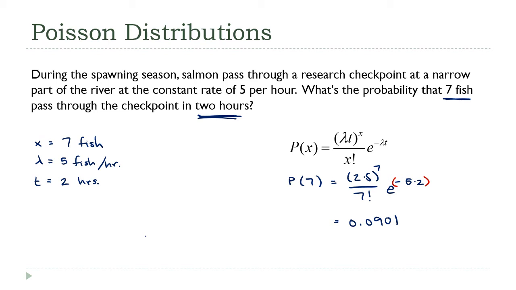Fairly low, but that kind of makes sense. If we expect to see 5 fish per hour, then over a 2-hour period, that's 10. So we're looking for something a little closer to 10. So I'm okay with 7 being a relatively low number.